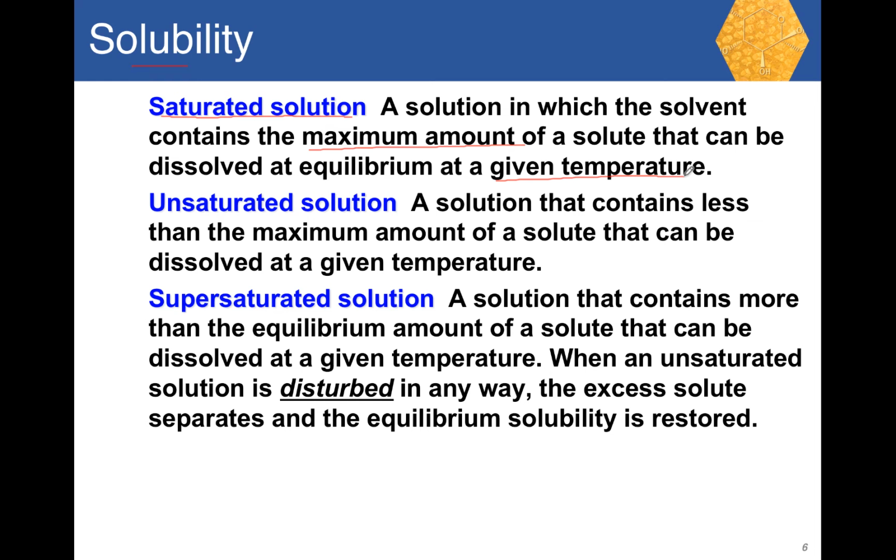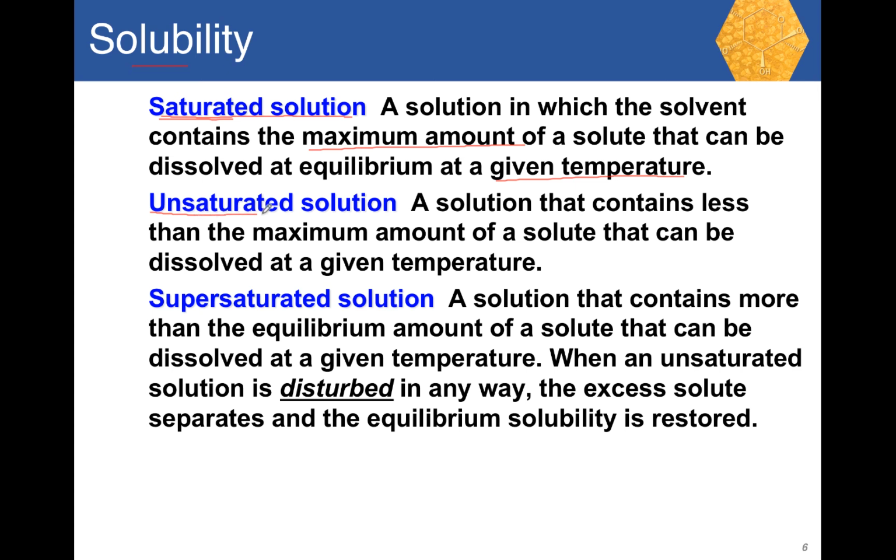Again, getting back to salt and water, or sugar and water. As you know, at a particular temperature, you can dissolve a specific amount of sugar. If you should increase the temperature, you can dissolve more. So at a specific temperature, what's reported is that amount that can be dissolved, and that's called the saturated solution.